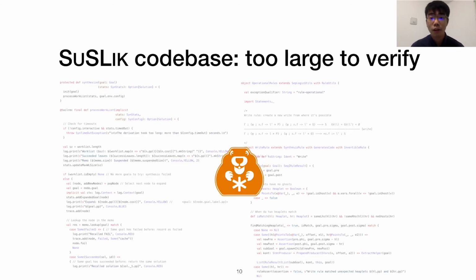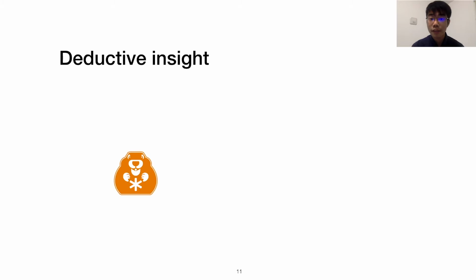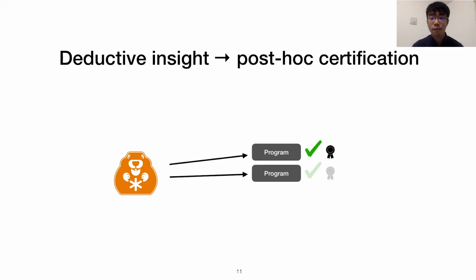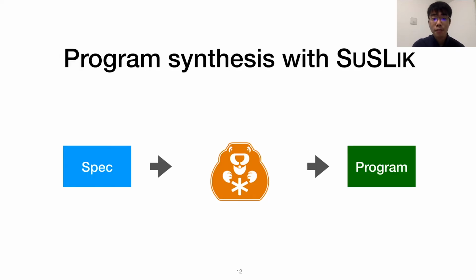Syslic's codebase is quite large, so it's impractical to verify its entirety in Coq. But luckily enough, Syslic's deductive approach to synthesis makes it suitable for post hoc certification, where we generate proof certificates for each synthesized program. To see how it could be done, let's understand how Syslic synthesizes programs from specifications.